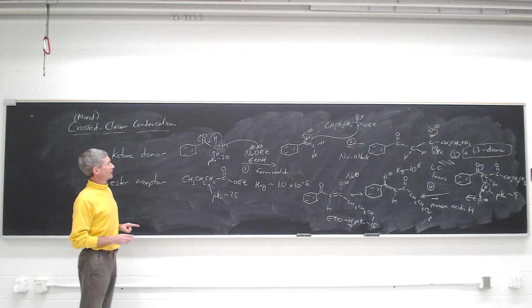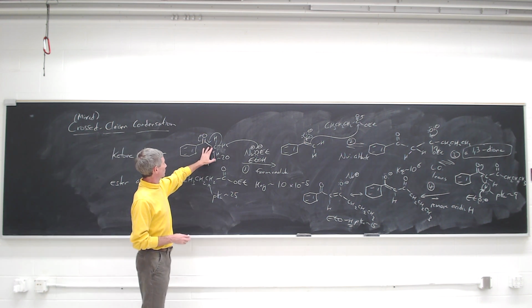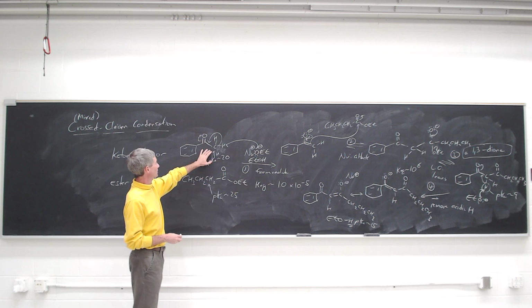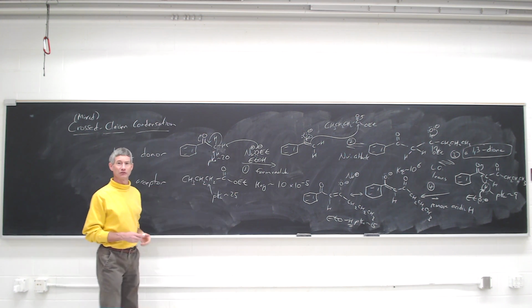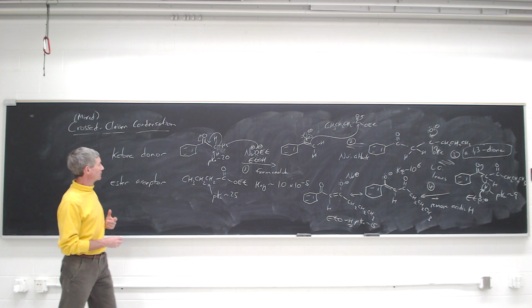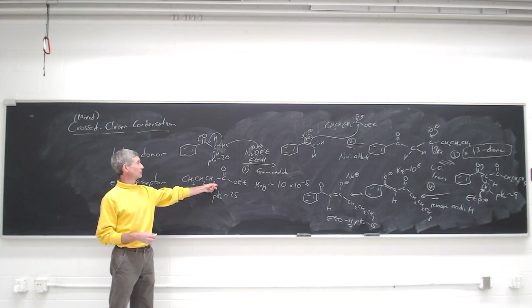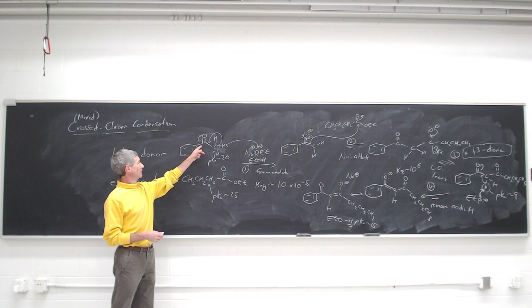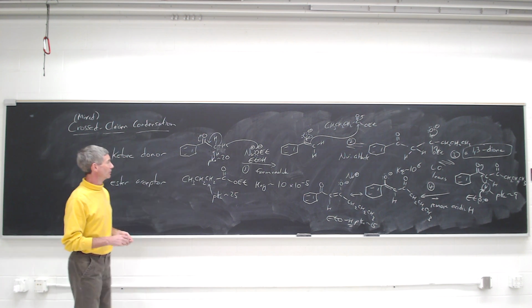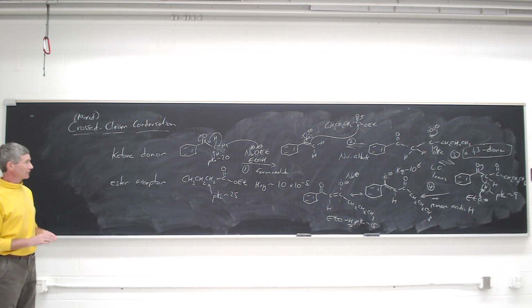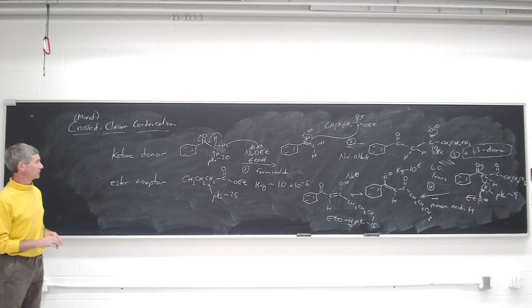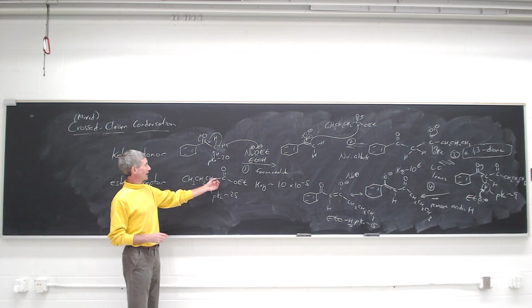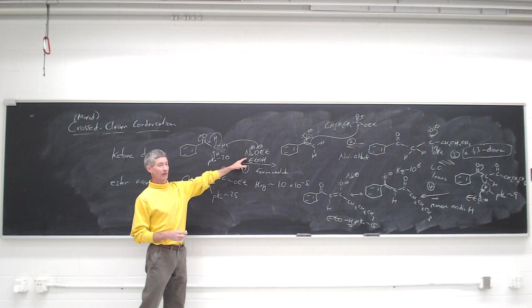We do have to worry a little bit about the potential aldol condensation. This ketone can undergo an aldol condensation with itself. So we do want to make sure that we have a higher concentration of the ester than of the ketone, or at least that they're in solution together. We can't have the ester by itself in the presence of the base.